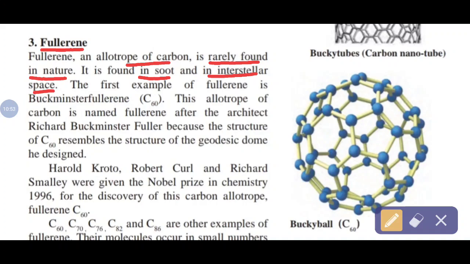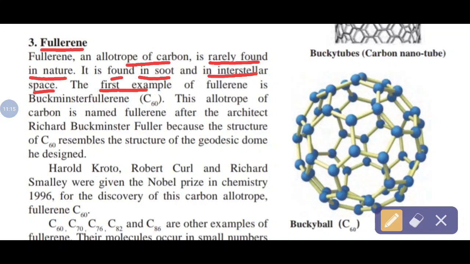And interstellar spaces means the little space available in between atoms. So in those interstellar spaces and in soot, this fullerene is found.